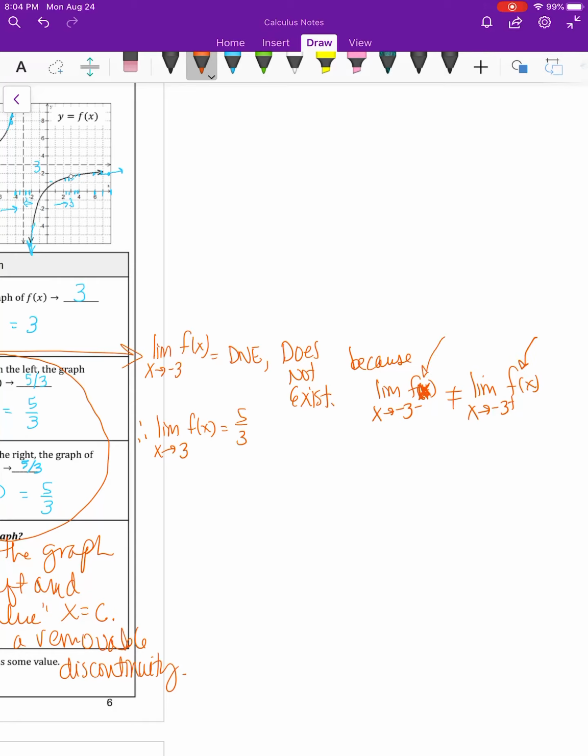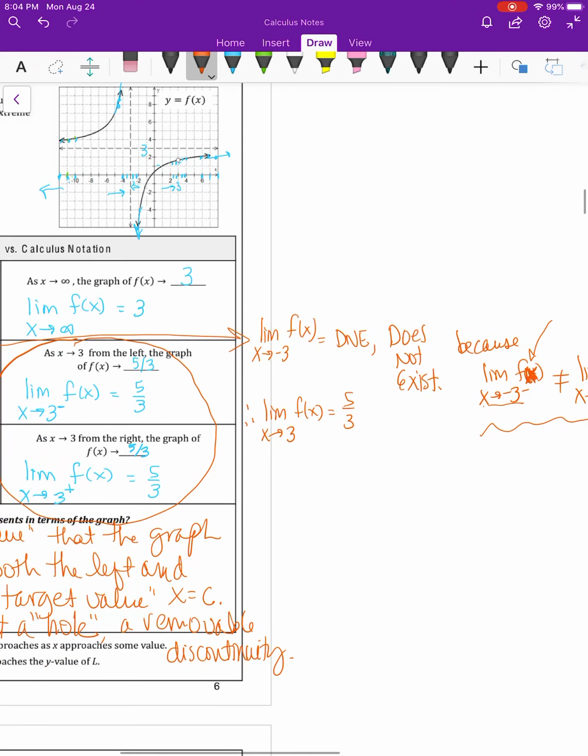It's really easy to forget this and that, and this was a plus sign. Please make sure that you're writing your limit properly. It has to have LIM, it has to have x approaching some value, and it has to have the function there.